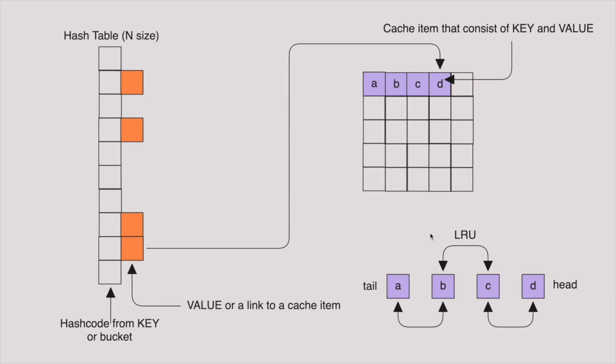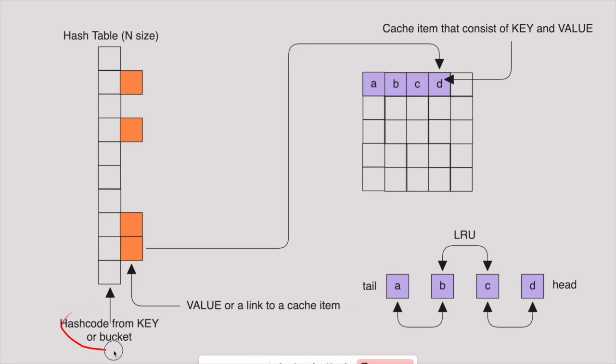Now we have a hash table that will consist of the key and value. Our key would be the actual key that is supplied by a client. The value would be a link to a node object or a linked list object that would store a cache item. So this way, every single list item would be connected as a doubly linked list between each other.